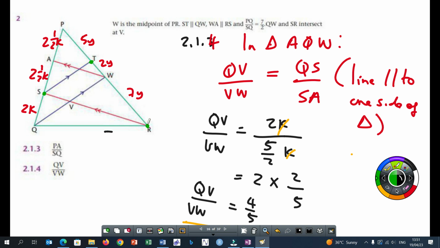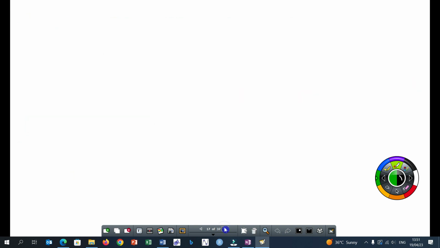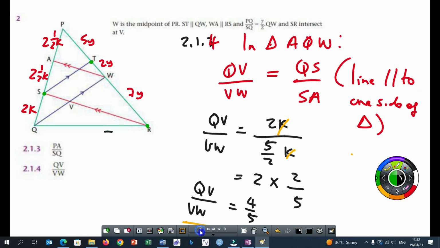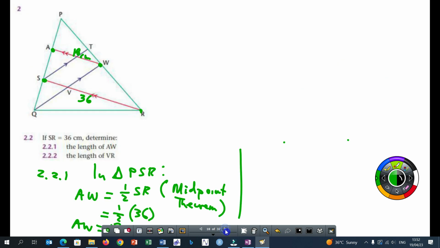So I still need this. I'm going to put here my 2y. So this is 2y, that's 7y.